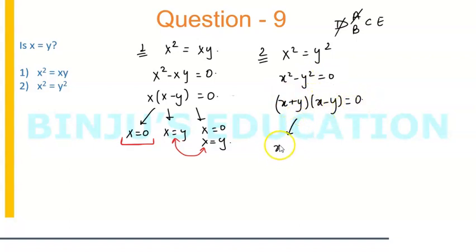So we can have x is equal to minus y, we can have x is equal to plus y. So if x is equal to y, then yes, x is equal to y. But if x is equal to minus y, then no, x is not equal to y. Again, do we have a conclusive answer from here? No, we don't have any conclusive answer, which means B also goes out.